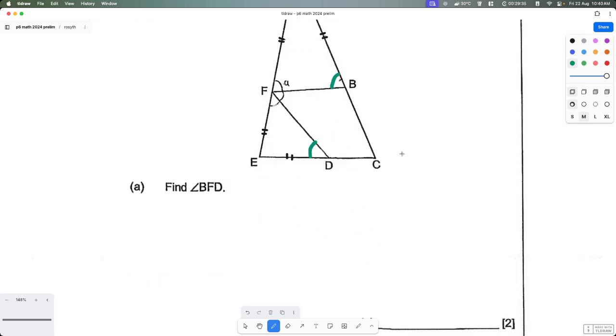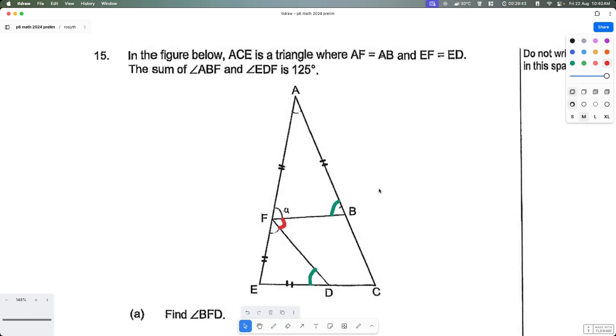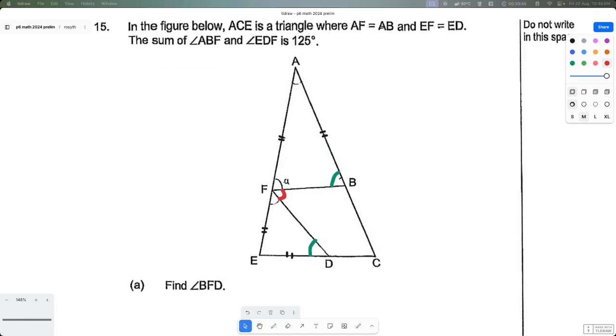Find BFD. BFD is this angle over here. Since we know the angles, let me change to a different color, purple. These two angles are the same, and these green angles are also the same.